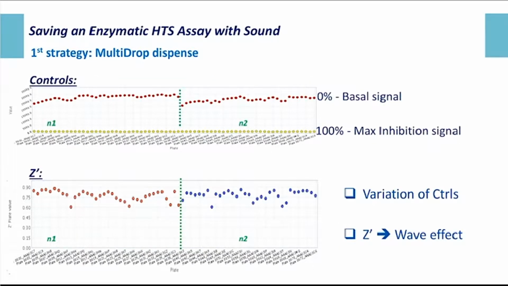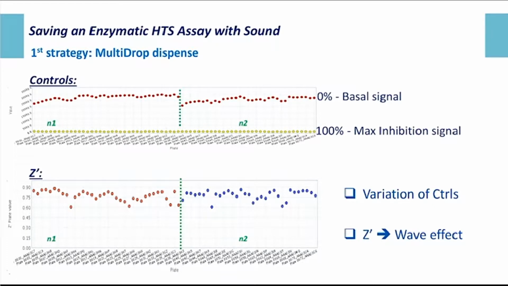In this slide, I present the monitoring of the control and the Z prime from this first pre-screen. You've got the 2 experiments, N1 and N2, on the same graphs, N1 on the left and N2 on the right, and both were made in 2 independent runs. On the top part, you've got the controls, the basal signal and the maximum inhibition signal.